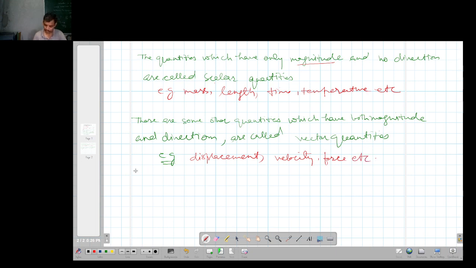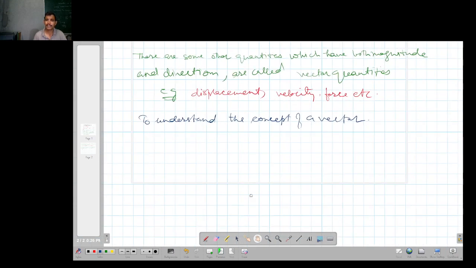So to understand the concept of a vector, consider a block.